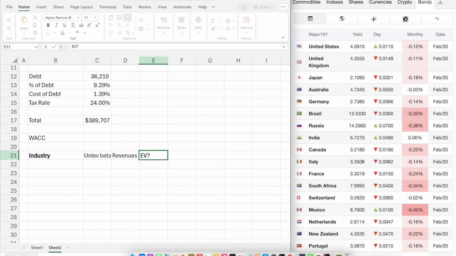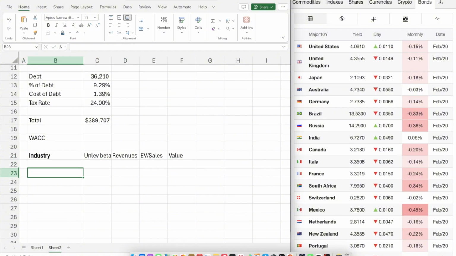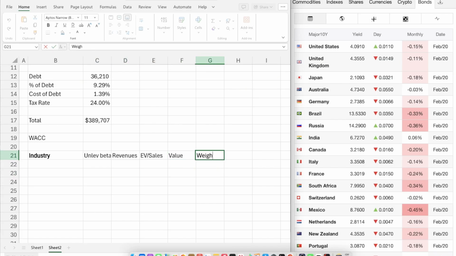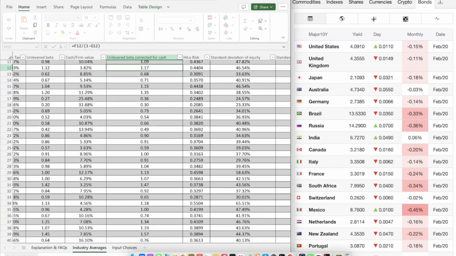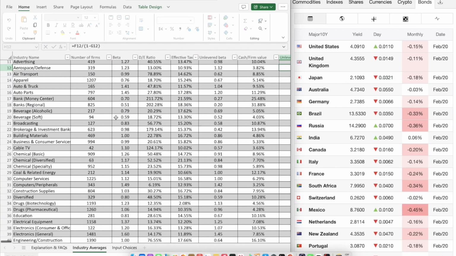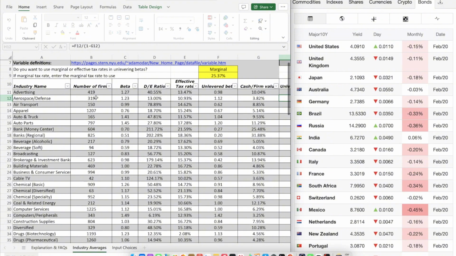Then we want the EV to sales, which will help us find the value of each respective revenue segment. Then we want the weight, and then the weighted beta. So let's first decide which industries we think Caterpillar operates in.